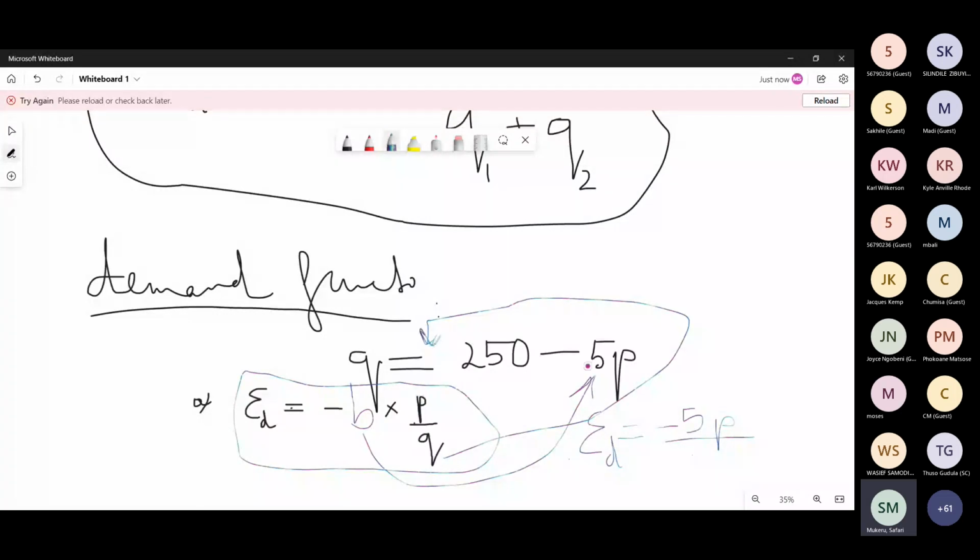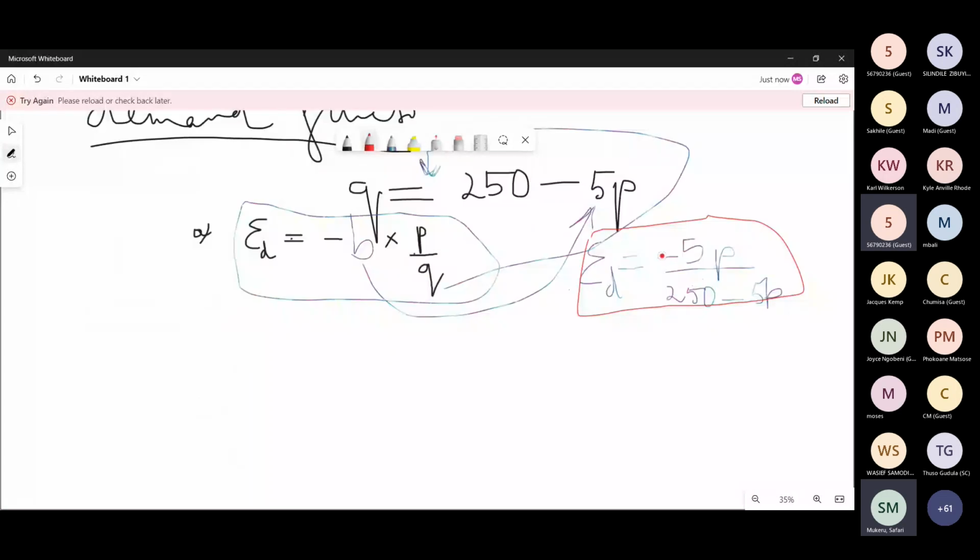Q is given as 250 minus 5P. And that's all. So here we have now a function which depends only on P. You see the minus 5P over 250 minus 5P, all a function of variable P.